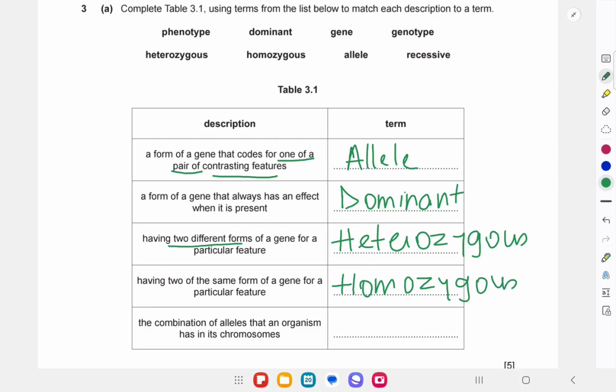And lastly, the combination of the alleles that an organism has in its own chromosomes, this is called genotype.